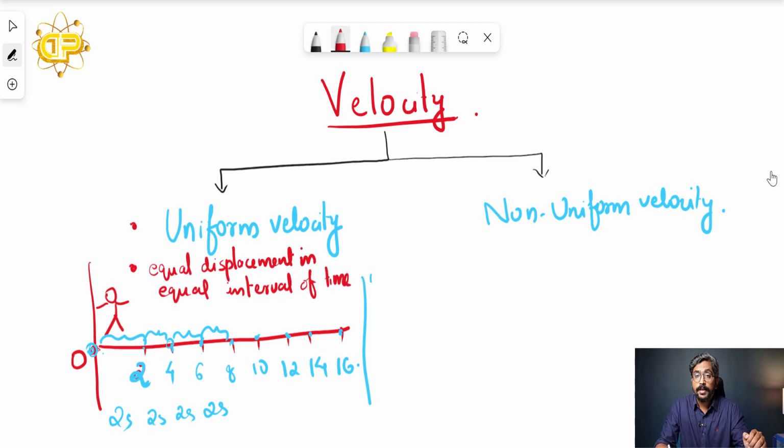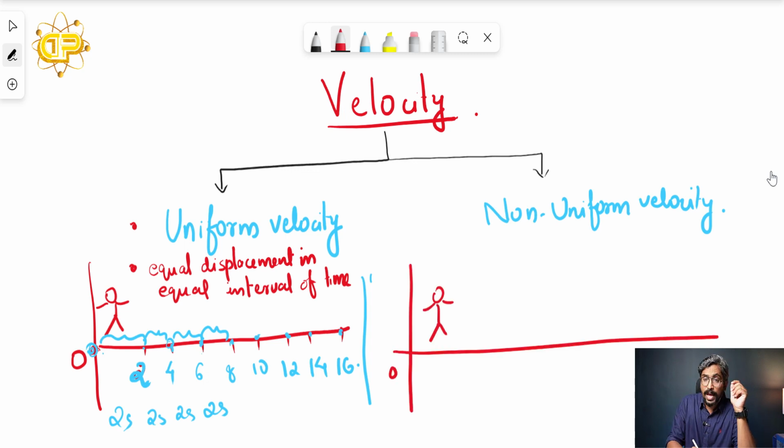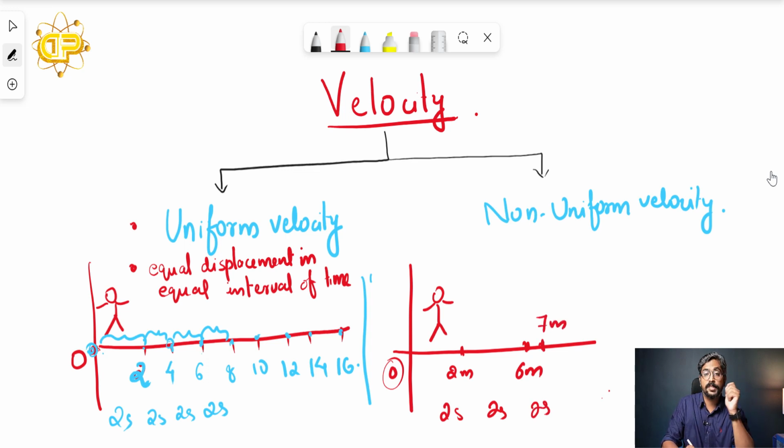Uniform velocity. Now in the same scenario, you have a person here, you have a time interval of 2 seconds. In the first 2 seconds, imagine the man had covered 2 meters, and in the next 2 seconds, imagine this person had covered 6 meters with respect to the origin, and in the next 2 seconds the man had covered 7 meters with respect to the origin.